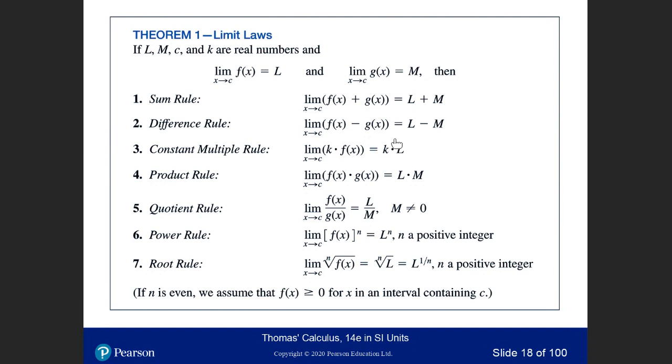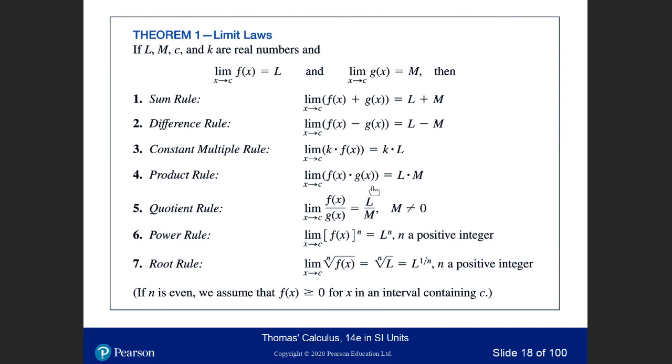Similarly, the limit of the difference of the functions is the difference of the limits. If you multiply a function by a constant, the limit of this function, again, as x approaches c, is k times L.